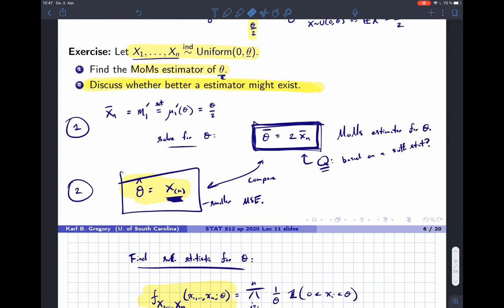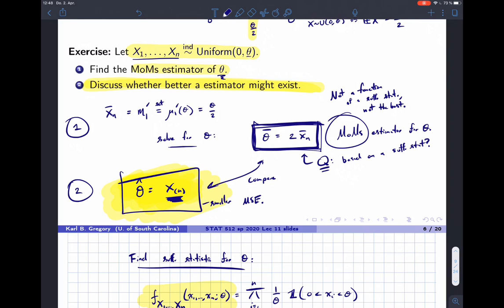Okay, so because of that, since the method of moments estimator is not a function of a sufficient statistic, it's not going to be the best. It does not use the most informative feature of the data to estimate its parameter. So somehow this estimator is better. The method of moments recipe does not lead us to this better estimate.